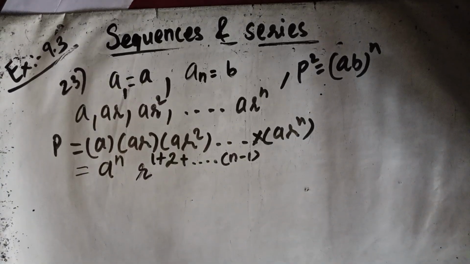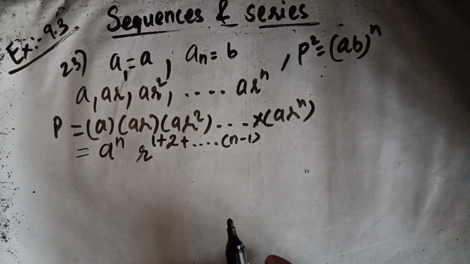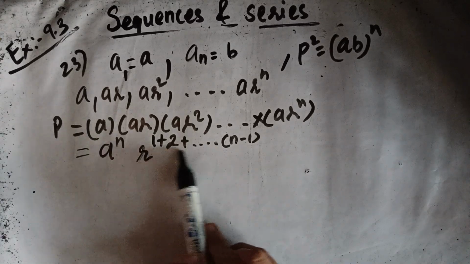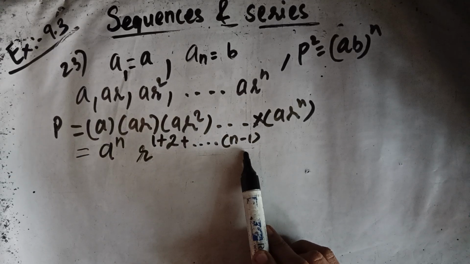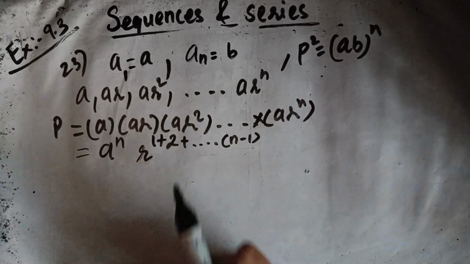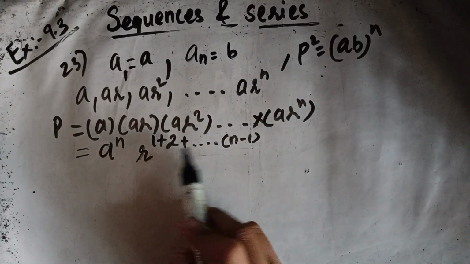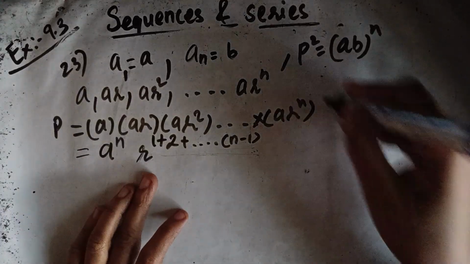Now we can use AP here, that is this sequence is an AP because the difference is 1. So using the sum in AP, you can add this.